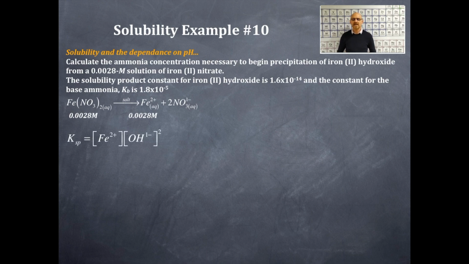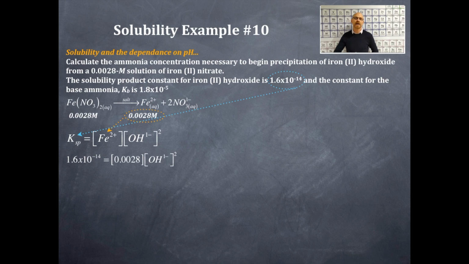Now, this is the Ksp expression for the iron 2 hydroxide: Ksp is equal to the iron ion concentration times the hydroxide ion concentration to the exponent of 2. We have the Ksp value, 1.6 times 10 to the negative 14, and we also have the iron ion concentration at 0.0028.